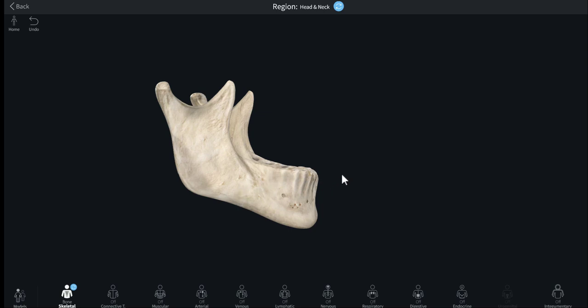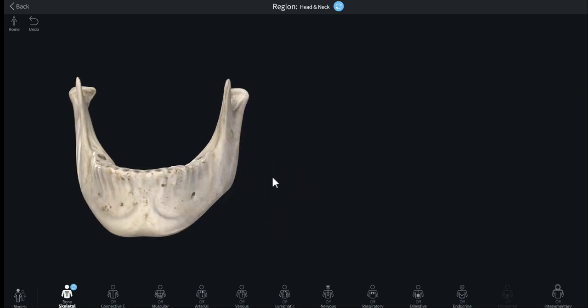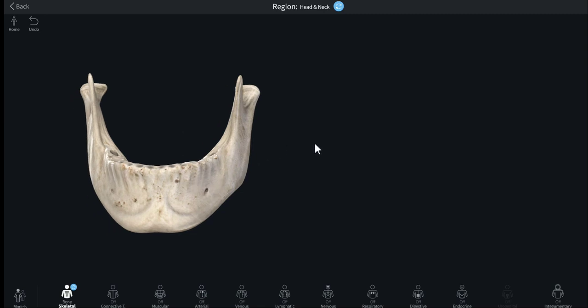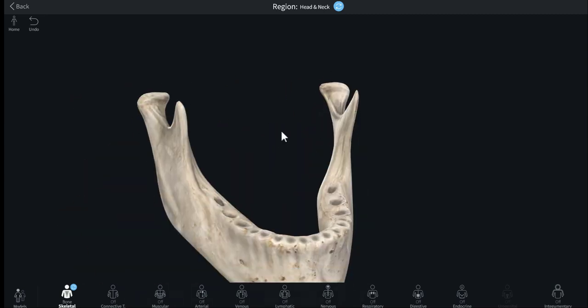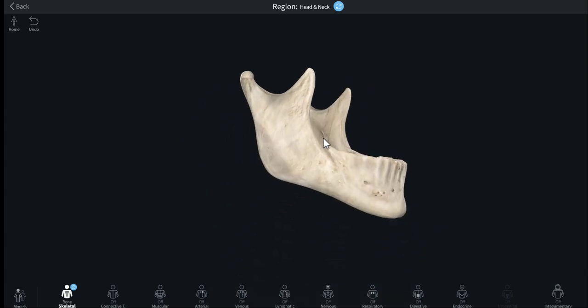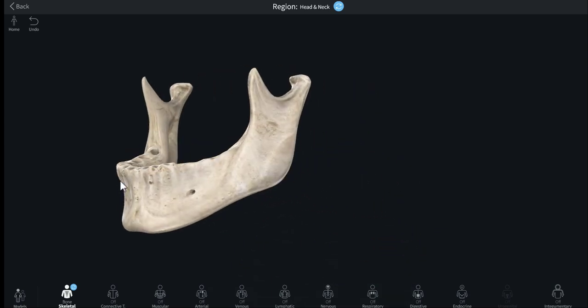Whereas this whole curved part, this is the second part of the mandible.